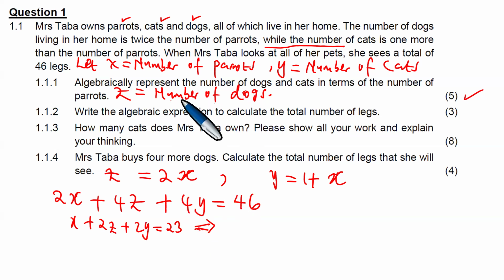Right, so in the end, here's the question. Let's just write it properly. We need to algebraically represent the number of dogs and cats in terms of the number of parrots. So what does this mean?